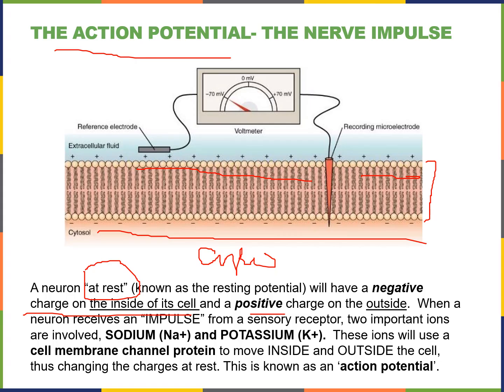So when a neuron receives an impulse from a sensory receptor, so we have sensory receptors all over our skin. If I poke you with a sharp object, there's a receptor that will pick up that information and basically send it to the brain. If you touch a hot object, or if you touch something that's very soft like velvet, right?